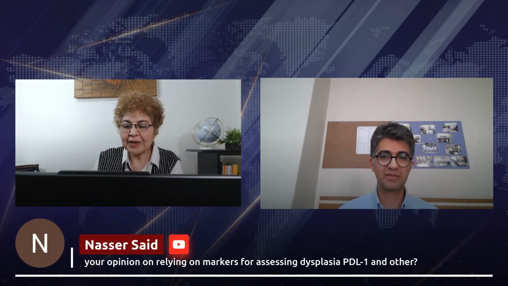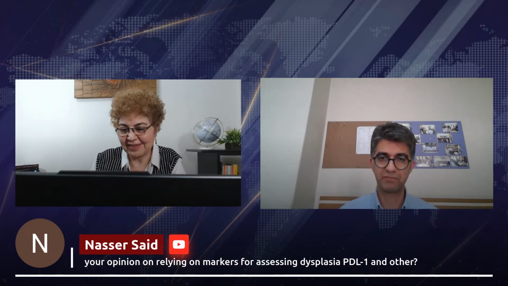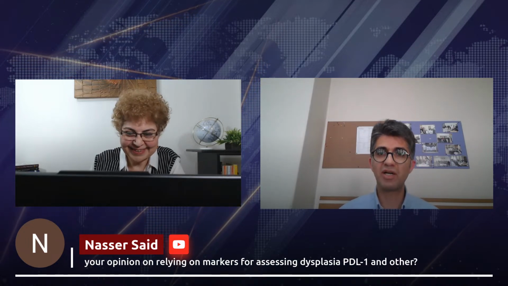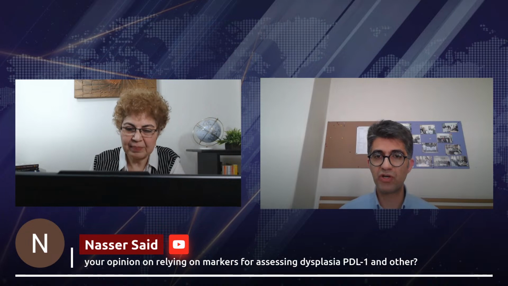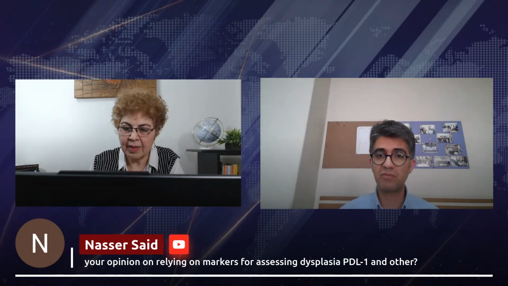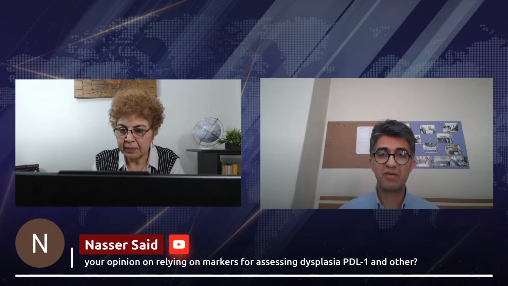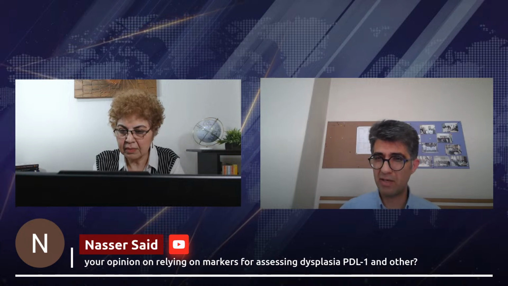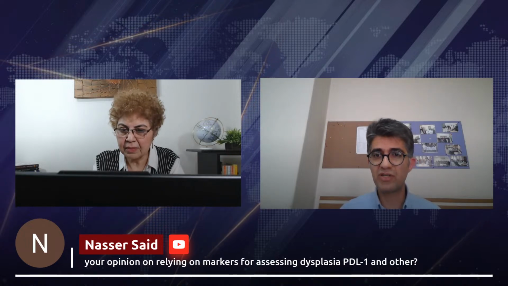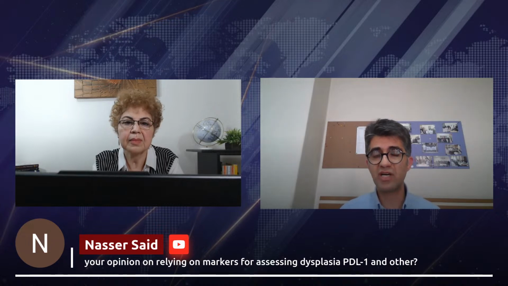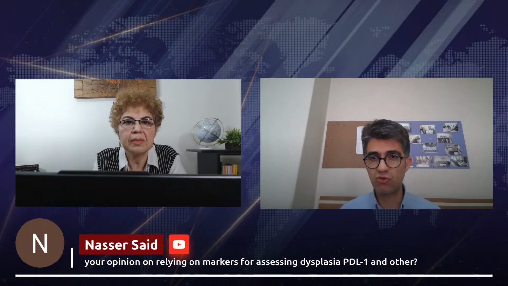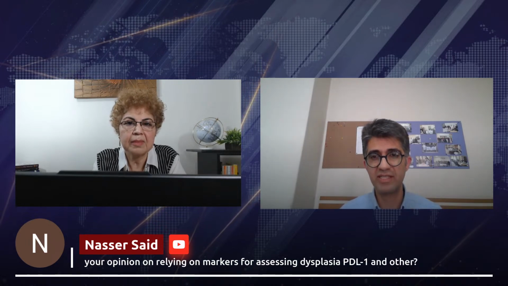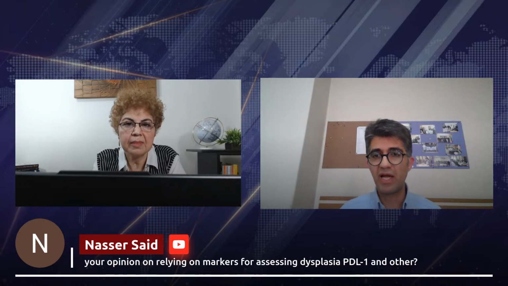Your opinion on relying on markers for assessing dysplasia, PDL1, and other markers. Exactly. Several markers have been introduced for grading the dysplasia, PDL1, P53, and I also published a study a few years ago about the importance of Ki-67 to assess the extension of proliferative activity of epithelial cells through the epithelium.